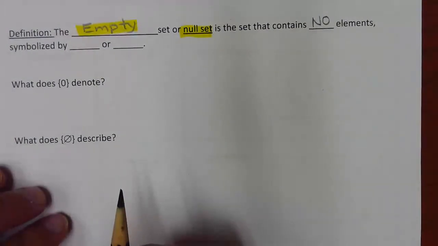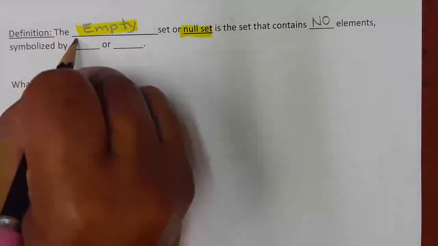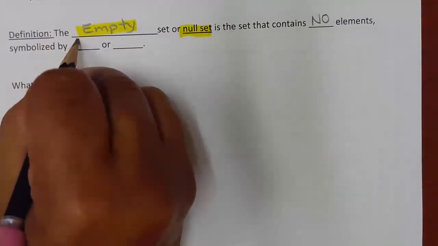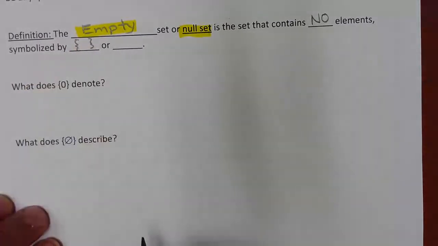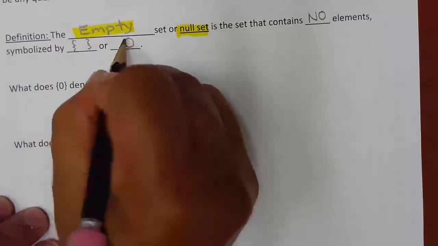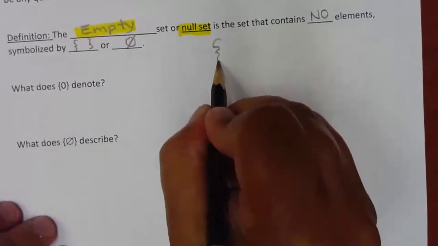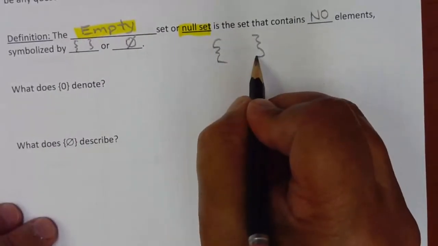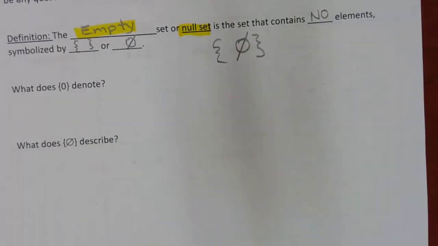There are 2 different ways in mathematics to say that your set contains no members, no objects whatsoever. You can either put the set braces like this and leave it empty inside, or you can use this symbol just like that. Do not put one inside of the other, because if you write the braces to say empty set and then put this symbol inside of it, that is no longer an empty set. It's a set that contains a symbol.